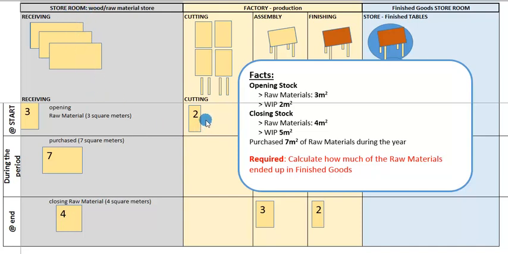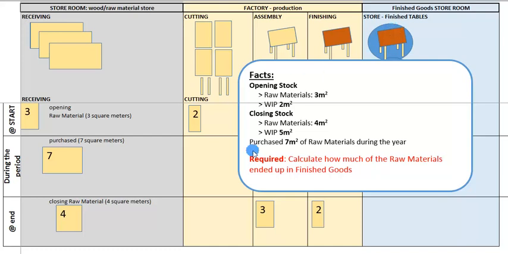Right, and then just to look at the actual factory, the factory will have the opening 2 square meters. Then it's going to get some wood from the raw materials storeroom, and we still need to calculate that. And then it's going to make some tables, assemble them, finish them, and then transfer them to the finished tables storeroom.